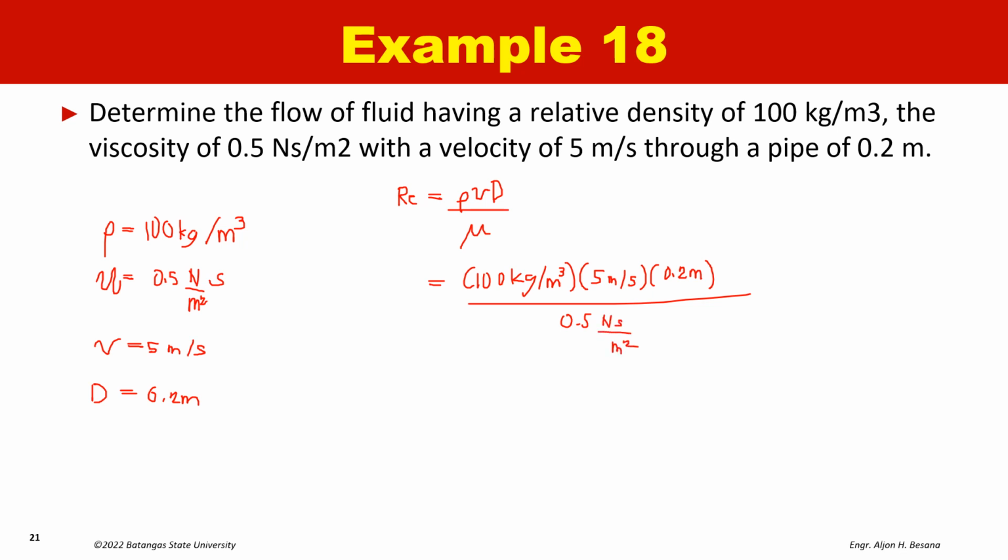And our Reynolds number, with the calculator, 100 times 5 times 0.2 divided by 0.5, is simply equal to 200. Unitless, and this is also laminar flow.